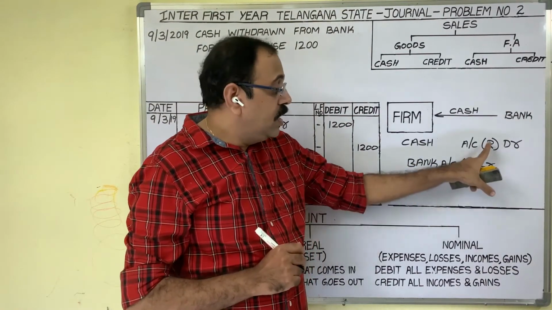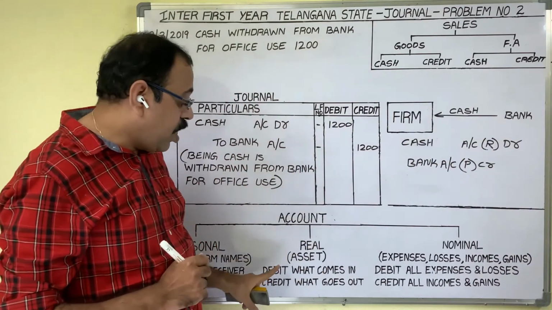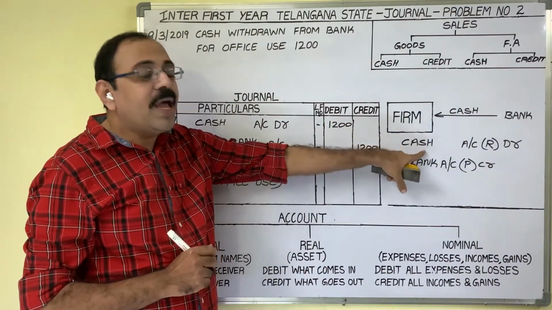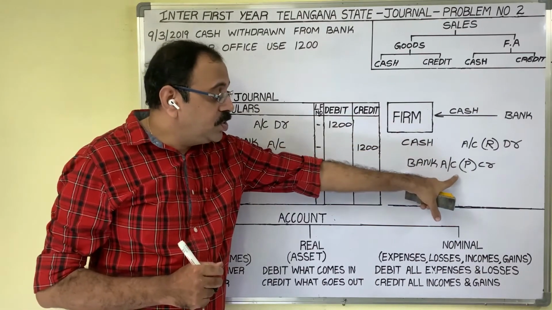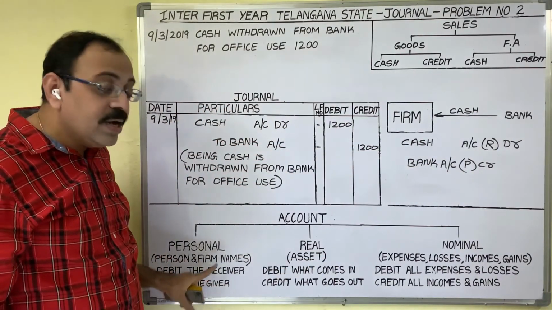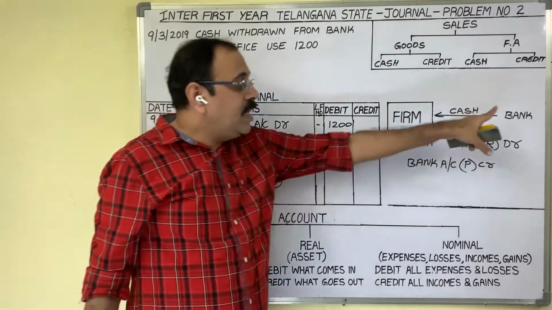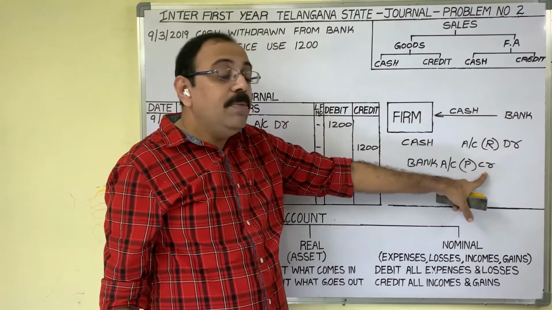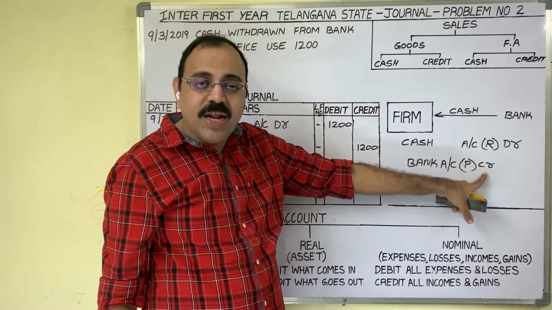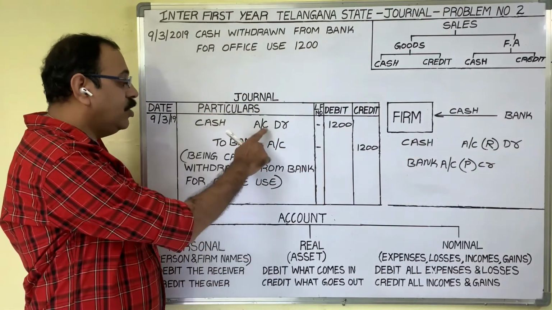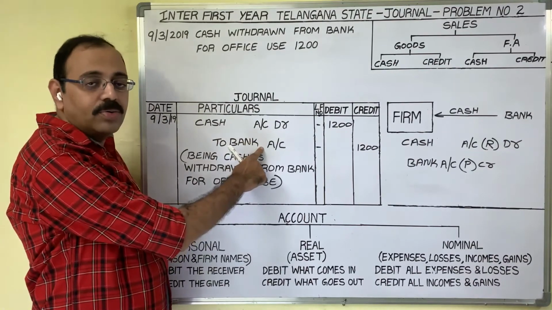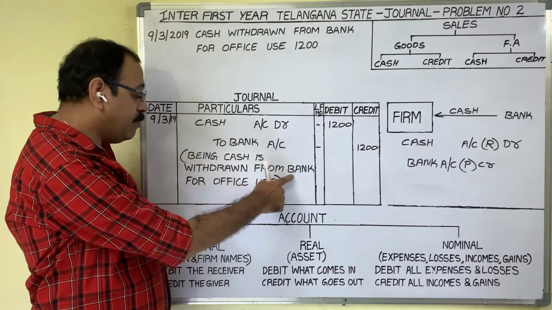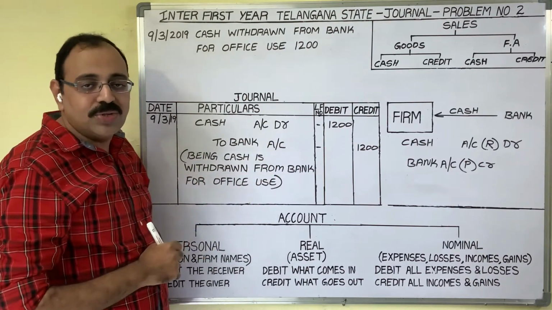Apply the rules. Real account rule: debit what comes in, credit what goes out. Cash is coming, debit cash account. Personal account rule: debit the receiver, credit the giver. Banker is giving money to us. Banker is a giver. Credit bank account. Then the final entry is cash account debit to bank account. Narration being cash is withdrawn from bank for office use.